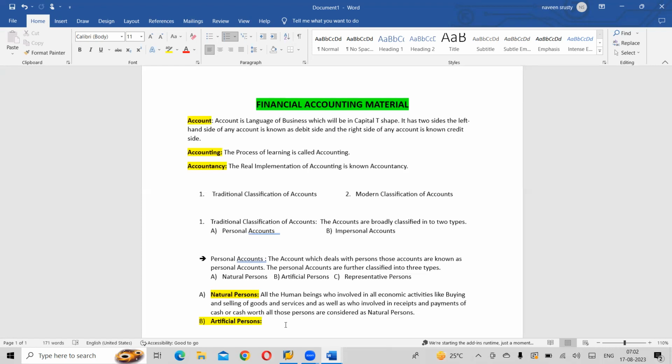Artificial persons are not natural, but still involved in all economic activities.